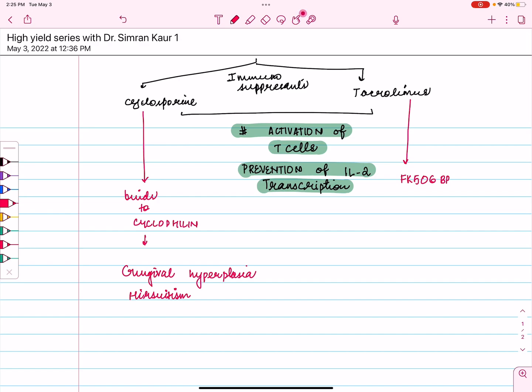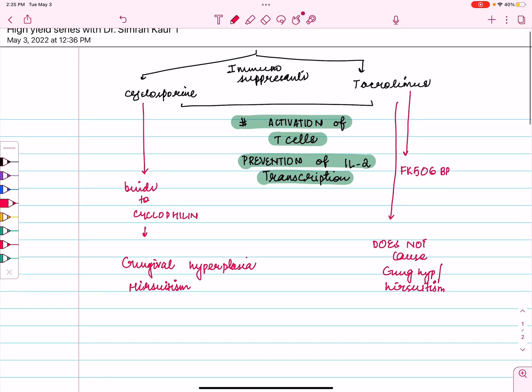Now talking about tacrolimus, you will write that tacrolimus does not cause gingival hyperplasia or hirsutism. So this is difference number 2.